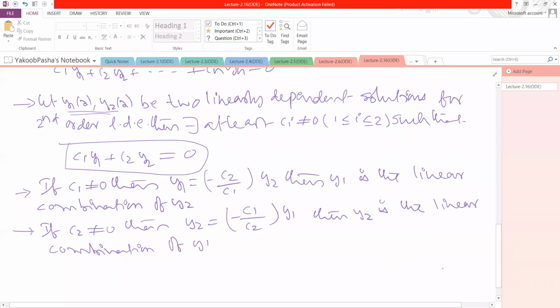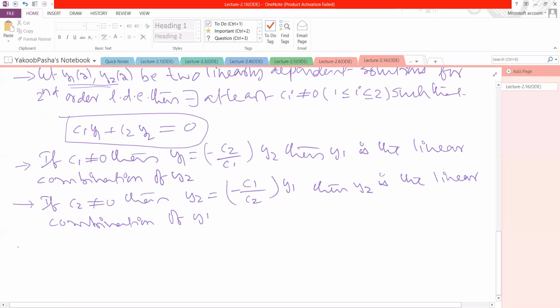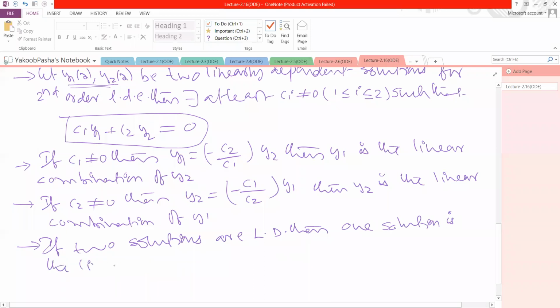So we can conclude that if two solutions are linearly dependent, then one solution is the linear combination of another.